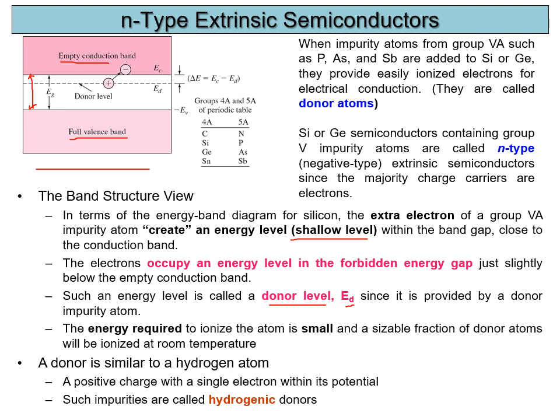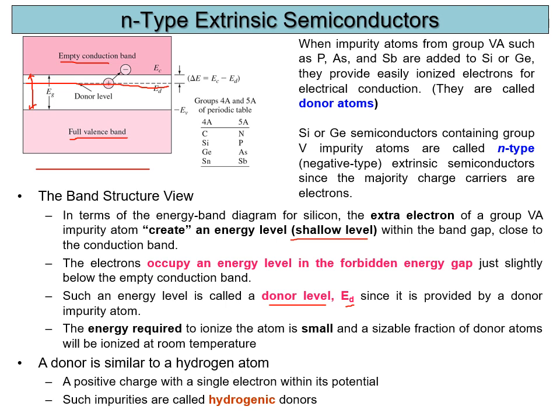Here, when we add donor atoms or impurities from group 5, a new energy level is created. We call it the energy donor level, or ED, which is much smaller compared to EG.